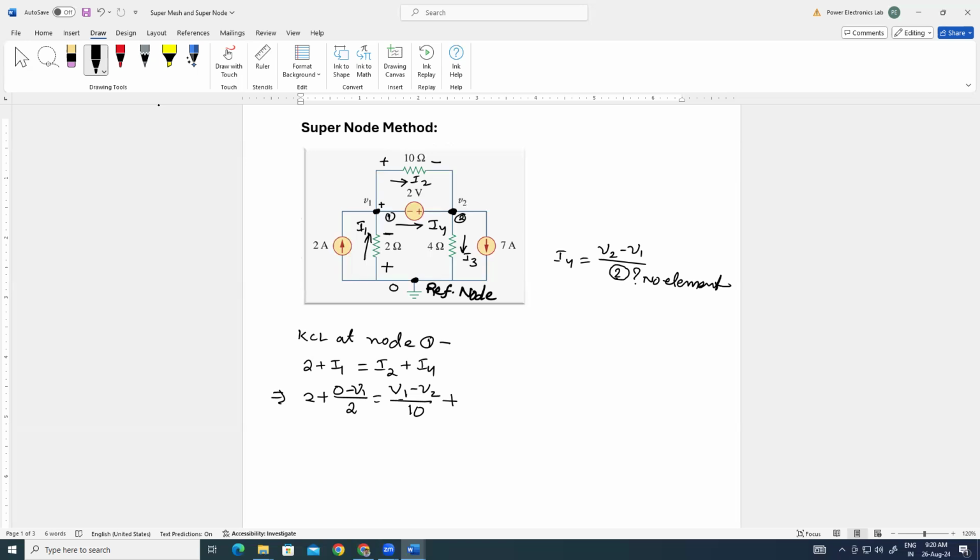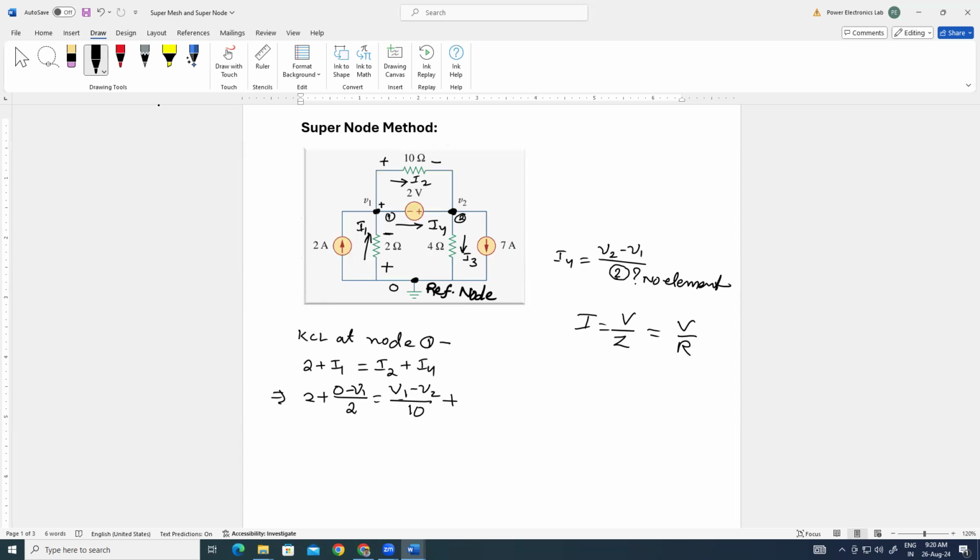So we cannot identify the value of current based on voltage upon resistance. You know that the current is V by Z, where Z is any impedance. Here in the resistive network, we have taken resistance, so it will be V by R. So in the denominator, resistance must be there.